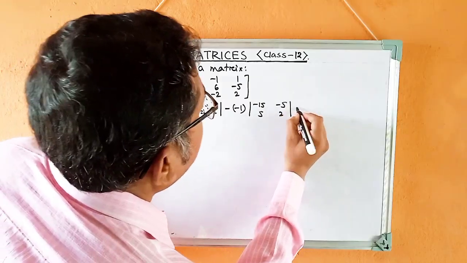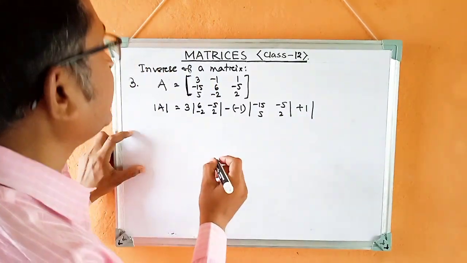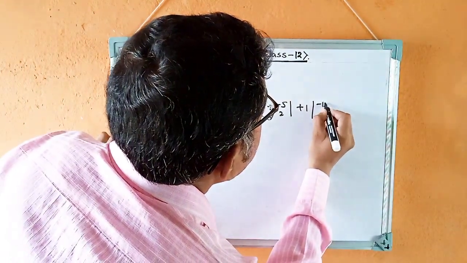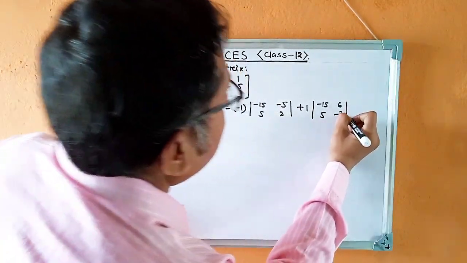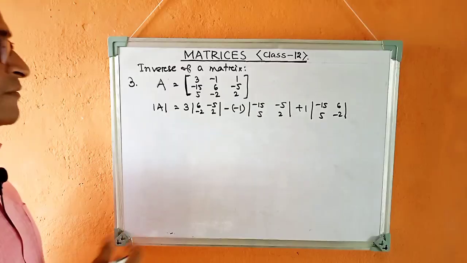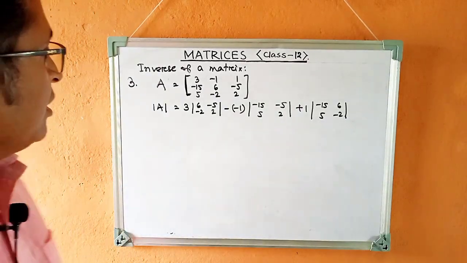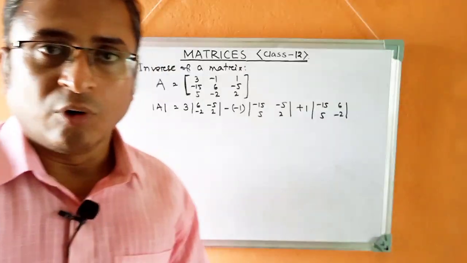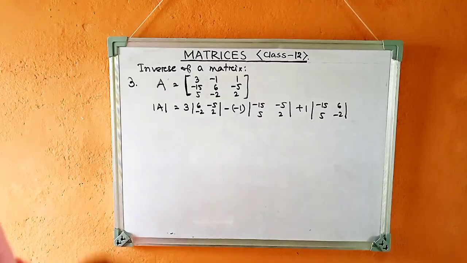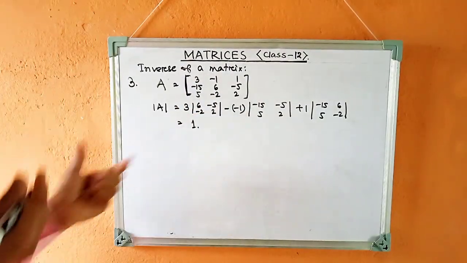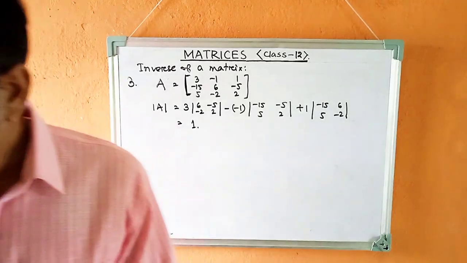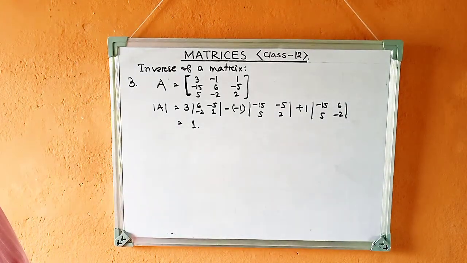Then plus 1 into determinant of minus 15 6, then 5 minus 2. Got it? Then after calculation, we get the value of determinant A equal to 1. Now find out the adjoint.